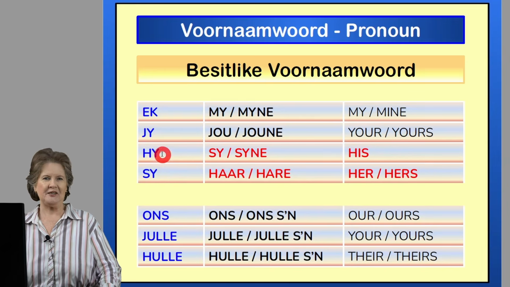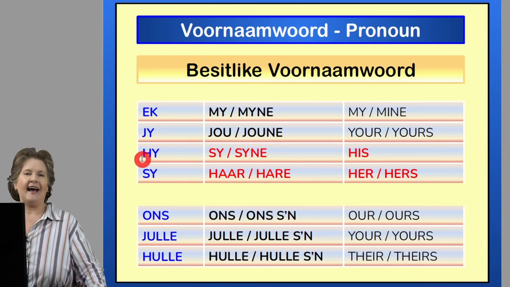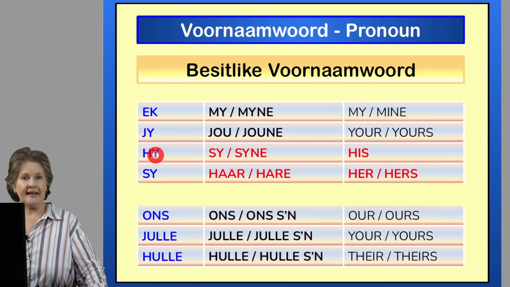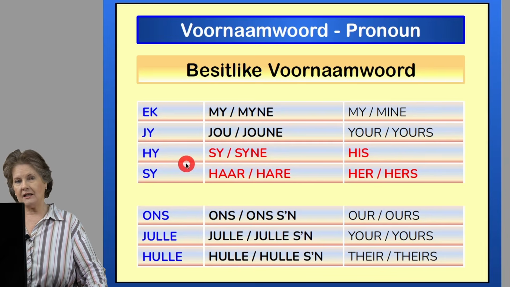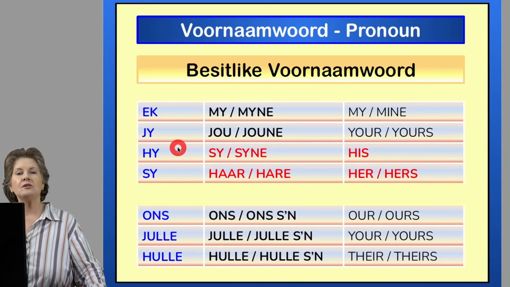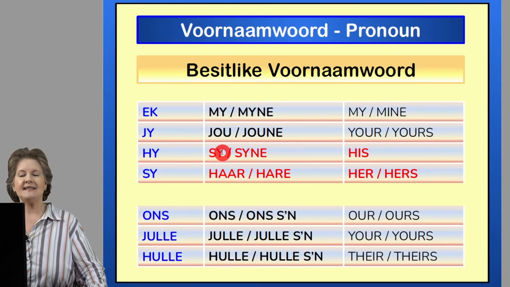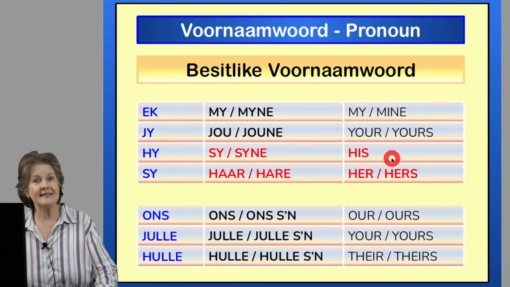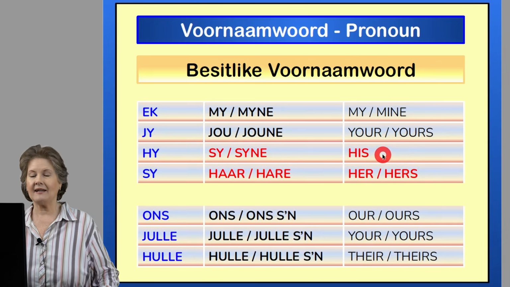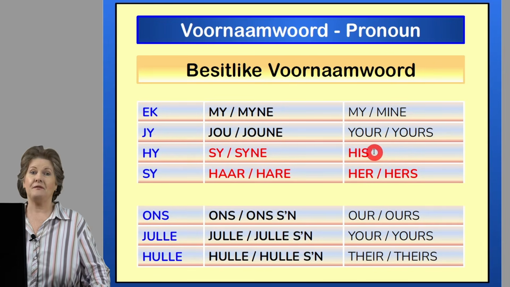The only tricky one in this whole tutorial is hy. Hy is he, but if you want to say his in English, if something belongs to a male person, you must learn it is sy or syne. I always say his. You're hissing like a snake. Be careful. This one is poisonous. This one is very tricky.